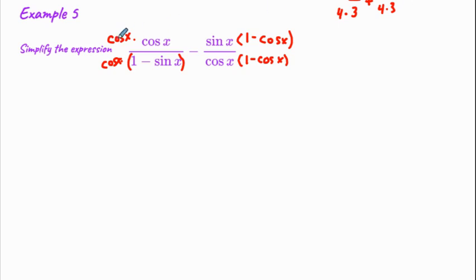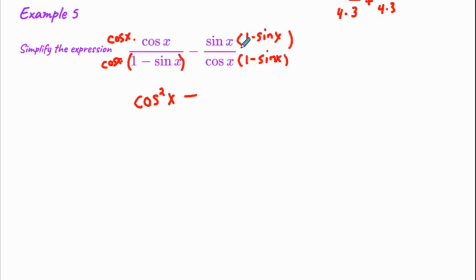So let's simplify. Cosine x times cosine x, that's cosine squared x. And I'll actually even begin to write this as one fraction now because I have a common denominator. Now, actually, sorry, I just noticed a mistake. It should be 1 minus sine x.